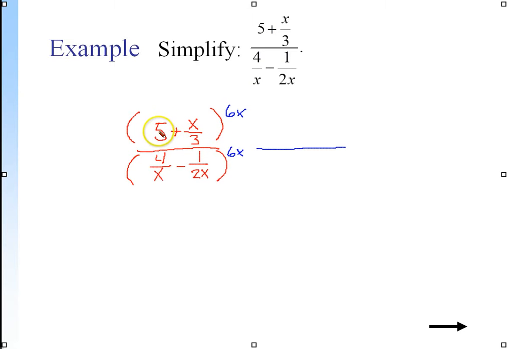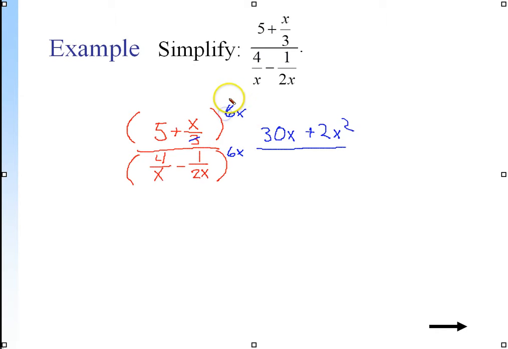So here we're going to go 5 times that is 30x. Now the 3's cancel off here with that. It gives me a 2. So I get here plus 2x squared. So once again, it's this times this. The 3 cancels out now.